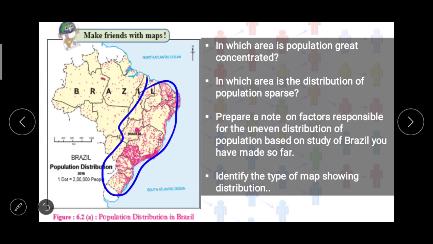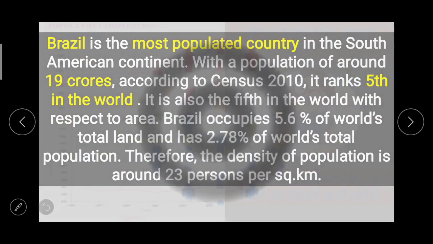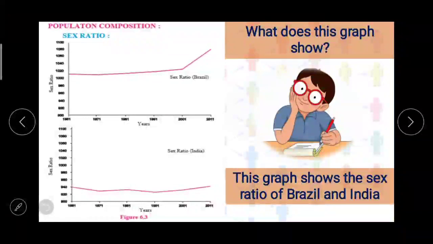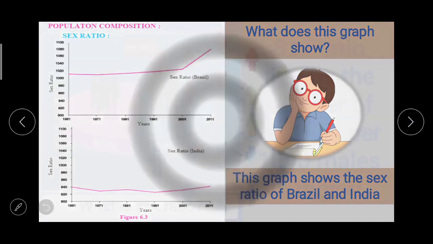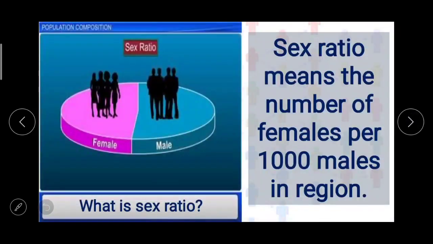And now we are going to talk about the different types of graphs. And here is the first one, as you can see on the screen. What does this graph show? This graph shows the sex ratio of Brazil and India. Here the first one is of Brazil and the second one is of India. Now the question is, what is a sex ratio?